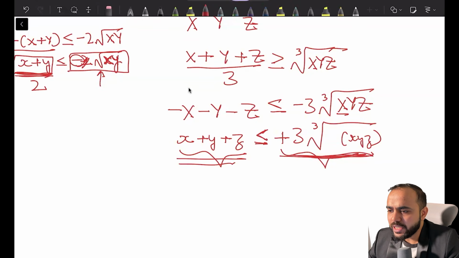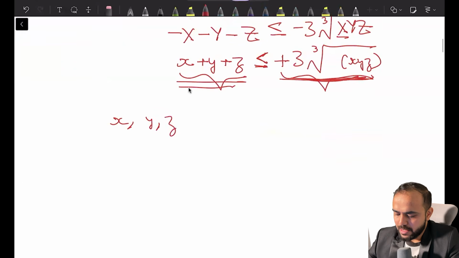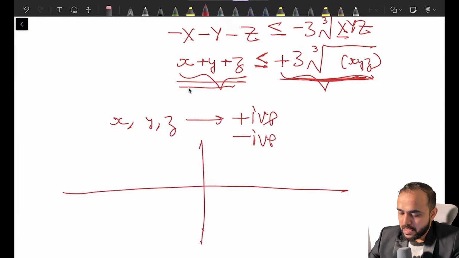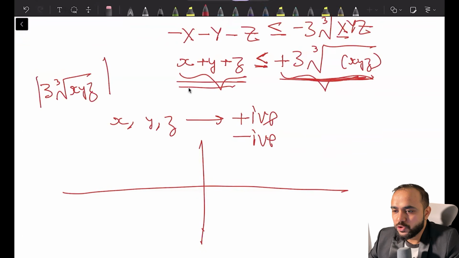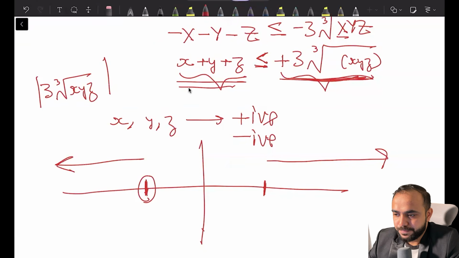So what this actually tells me is, let's say x, y, z are certain variables which are either always positive or always negative. I will find the magnitude of 3 times cube root of xyz, just the magnitude. I will mark this here and I will mark the negative one of that with the same magnitude here. Your value will either lie on this side or on this side.